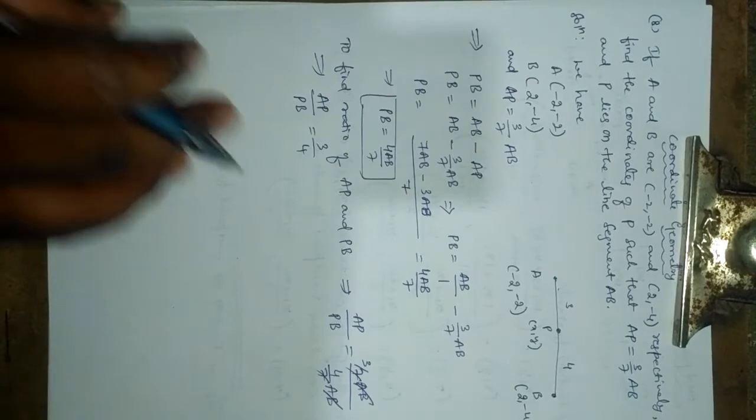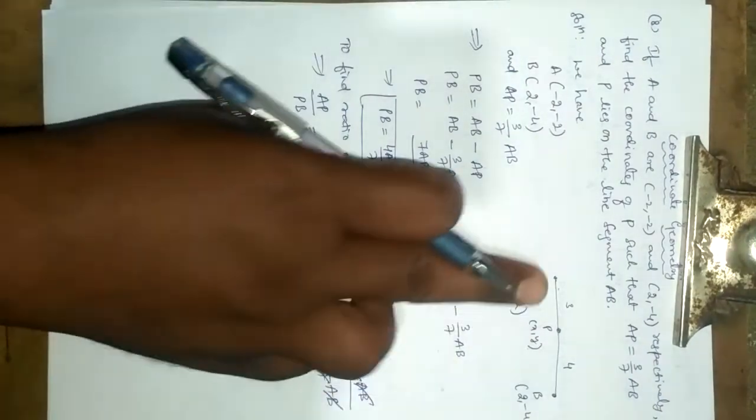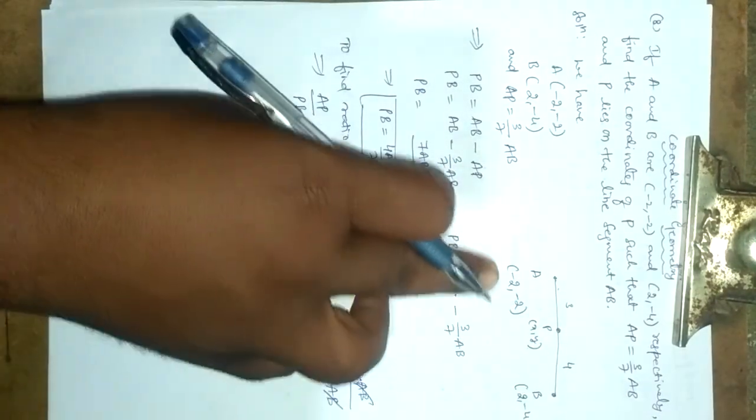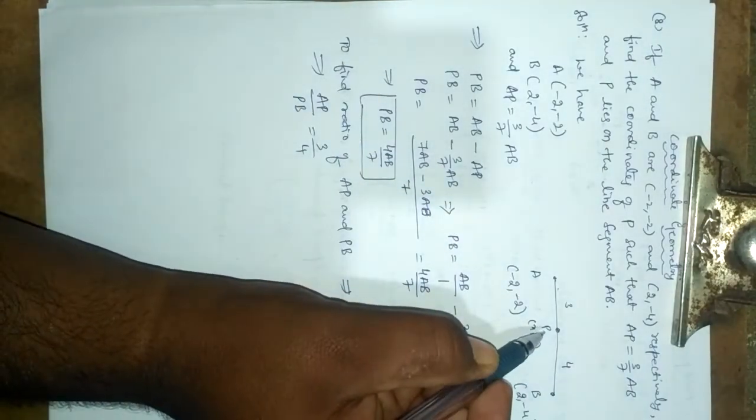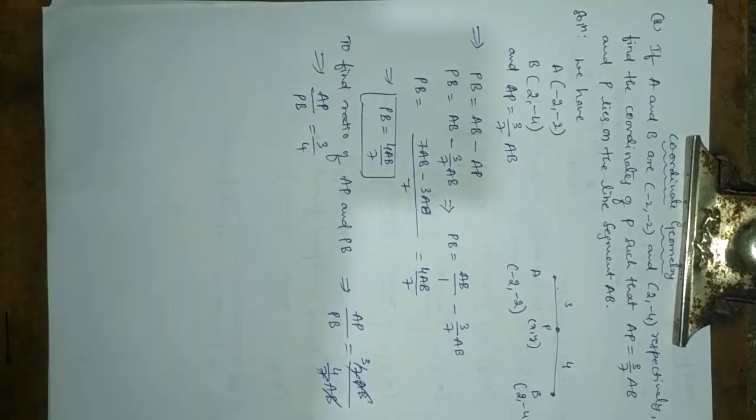Now by using the section formula, we have the ratio m1 and m2, and the coordinates x1, y1, x2, y2.